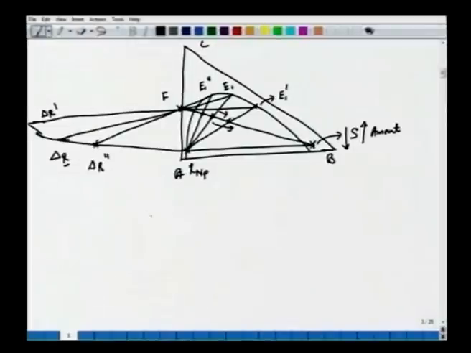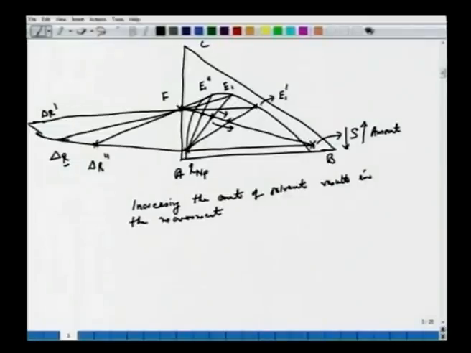So we make a note that increasing the amount of solvent results in the movement of the difference point delta R away from R and P. So when we increase, this delta R point moves in this direction.